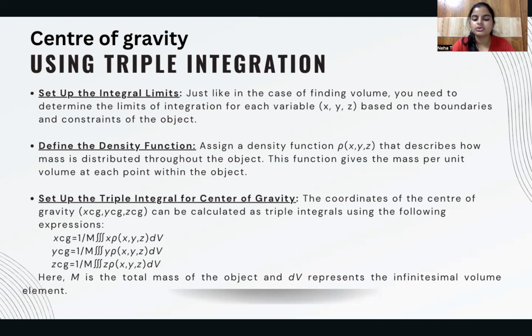Here m is the total mass of the object, and dV, as we saw in the previous step, is the infinitesimal volume element.